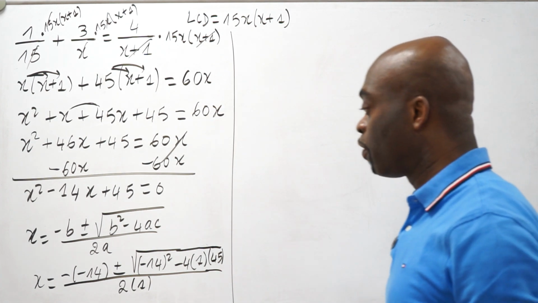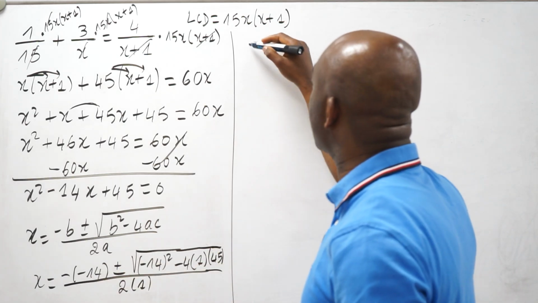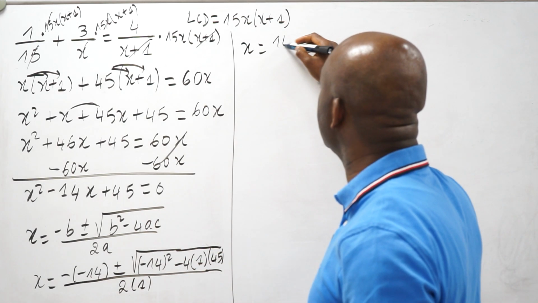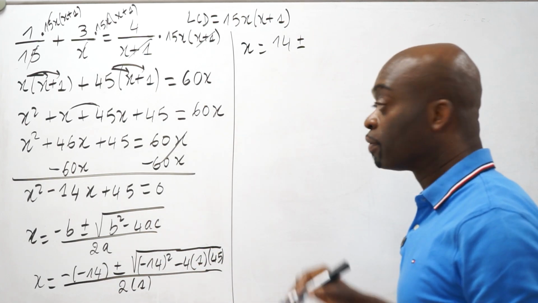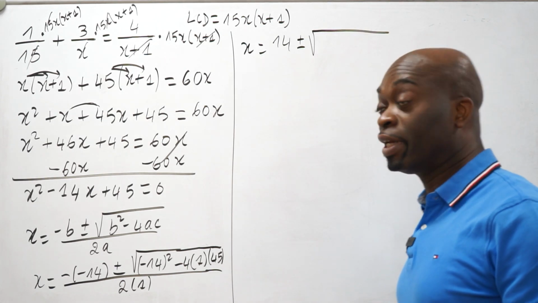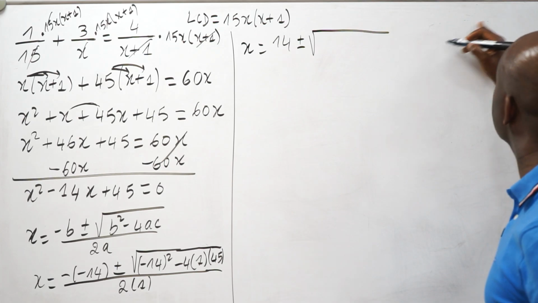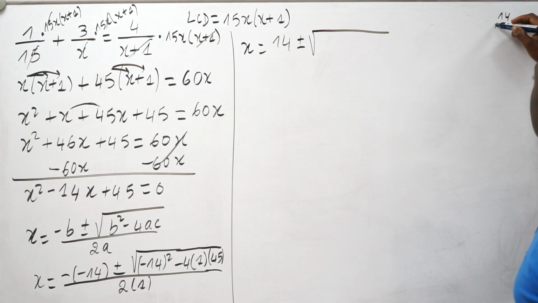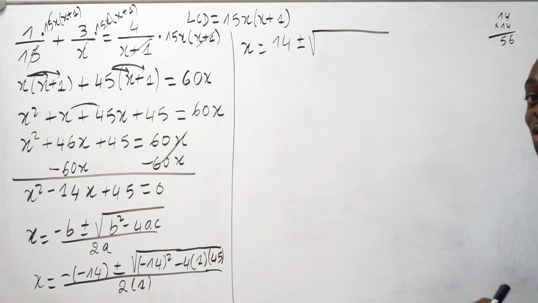Okay? So let's go for it. Negative we give a positive 14. So x equals 14 plus minus square root of what? 14 squared. That would give us 14 times 14. Let's come here. If you don't have a calculator, you still got to do it.